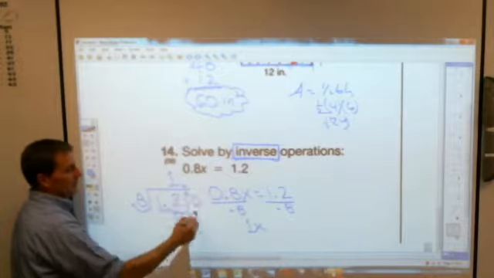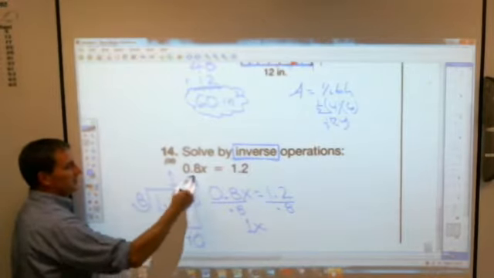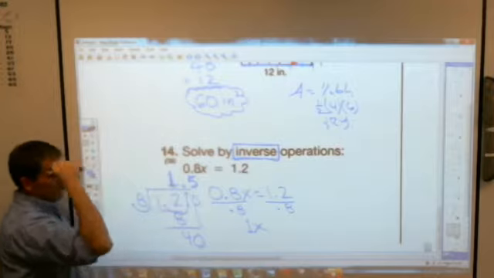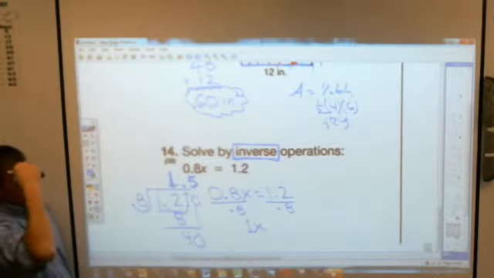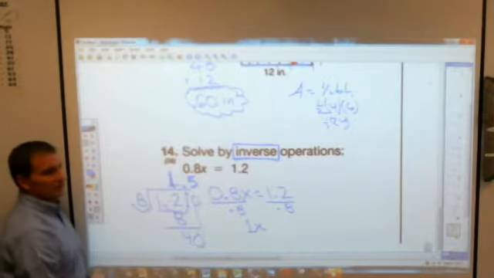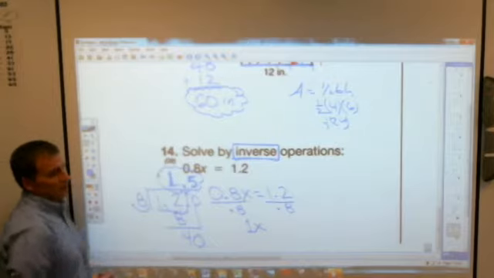Subtract, bring down. 8 goes into 40 5 times. Please make sure, ladies and gentlemen, if it is a decimal problem, please give your answer in decimal form. Not that I wouldn't accept 1.5, but if they use decimals, your answer should be in decimal form. It's just the way things work.